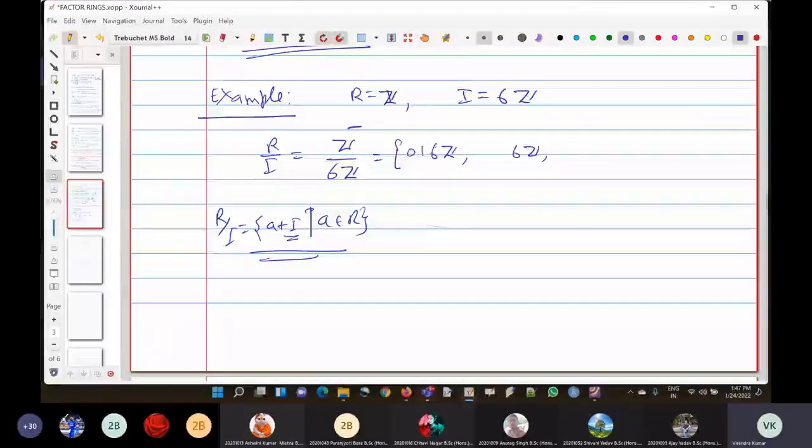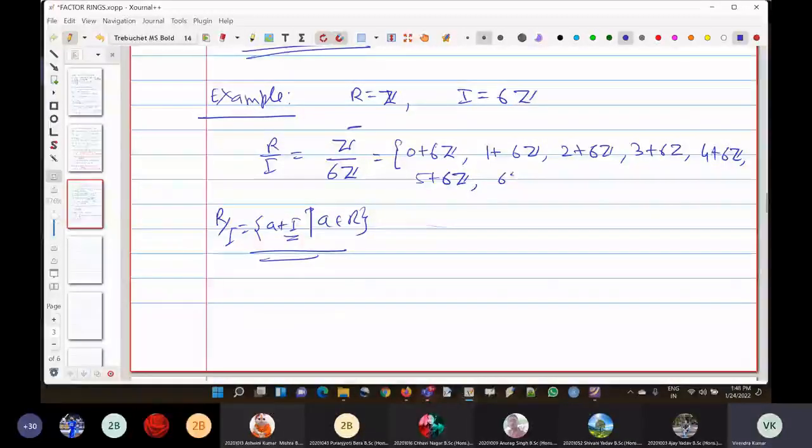But let us start from 0, and then one can put here 1, then 2 plus 6Z, then 3 plus 6Z, 4 plus 6Z, 5 plus 6Z.